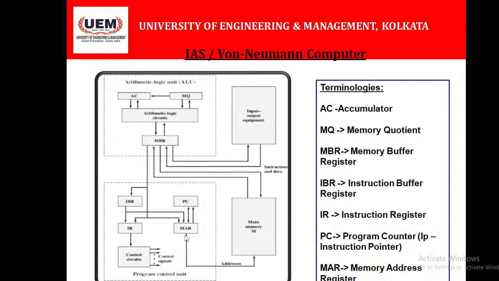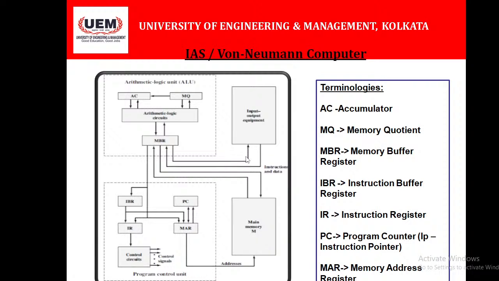In this total diagram, whatever you give from the input output comes via this line and goes to the memory buffer register, and some processing happens along with the different types of registers, and the result goes as output to the output device.